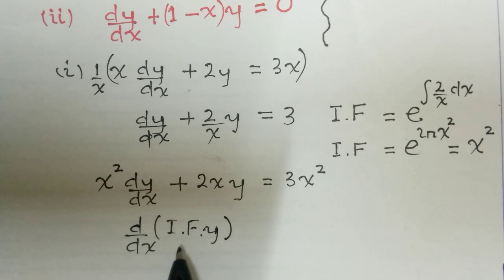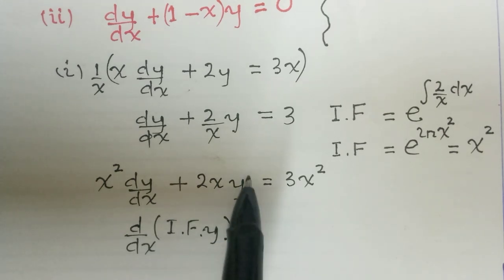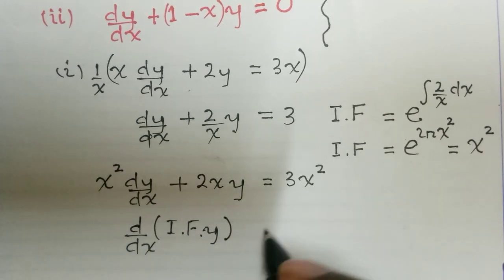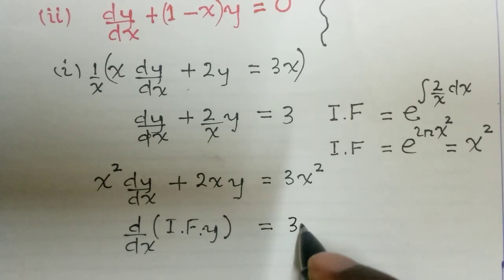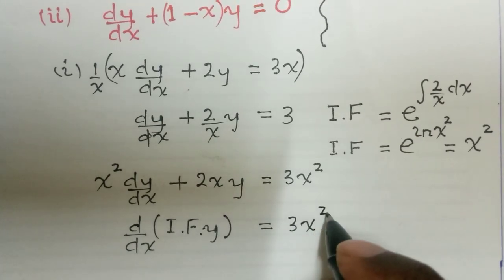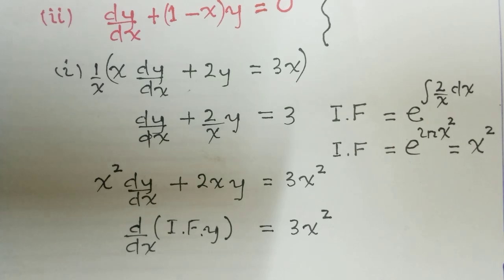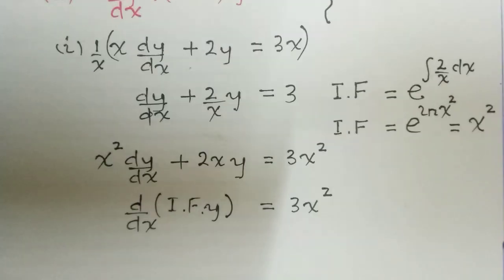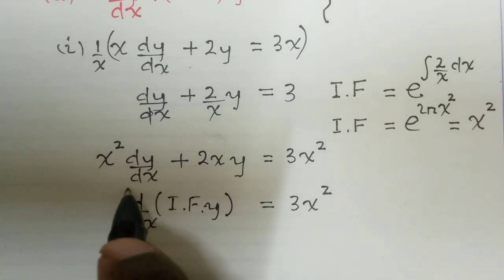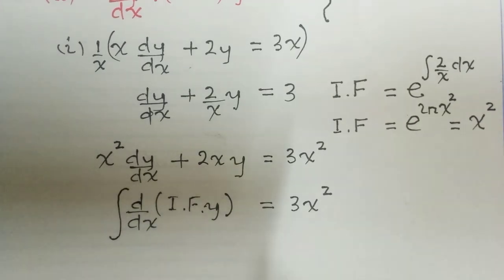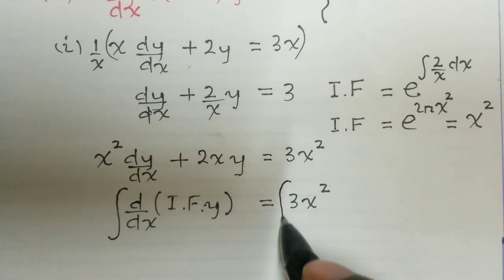This will give us the differential equation on this side, and this one will be equal to 3x squared. So that now we can come and integrate both sides. We integrate this side and we integrate this side.